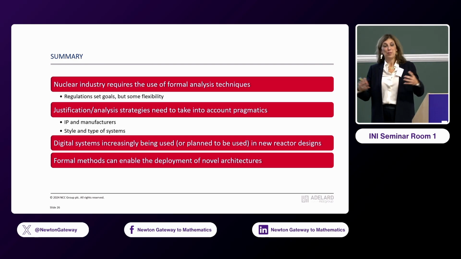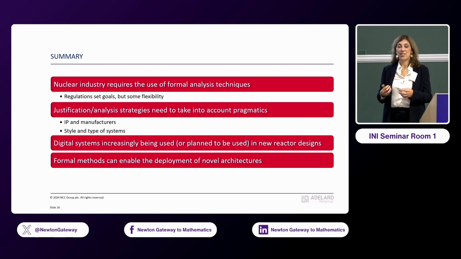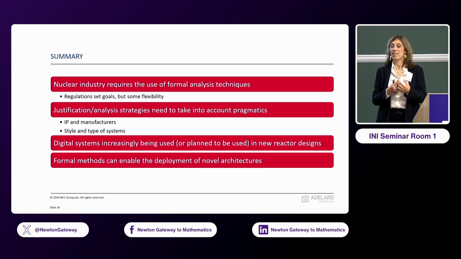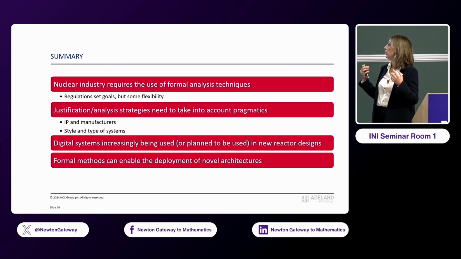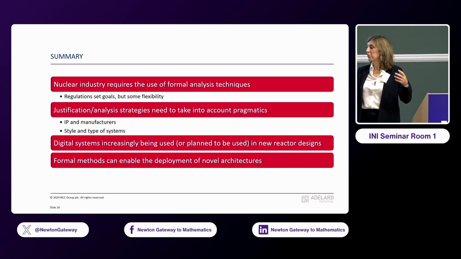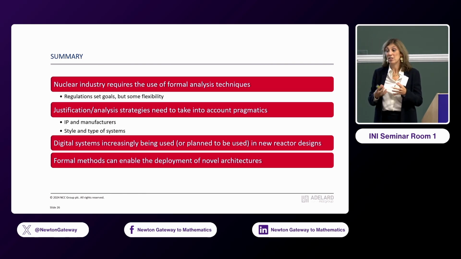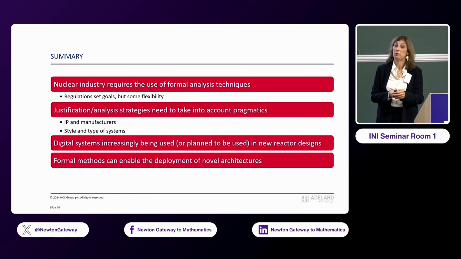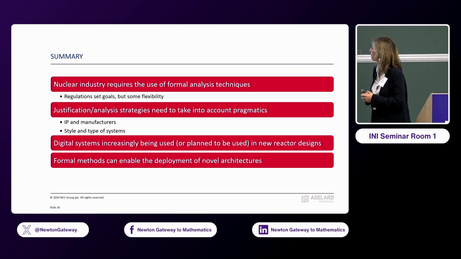Some of the things I was trying to bring in today are issues with IP, with getting suppliers to engage and share IP, and where things are developed. Also the importance of the technologies: what languages, what architectures, how things are implemented, and what's feasible within those parameters.